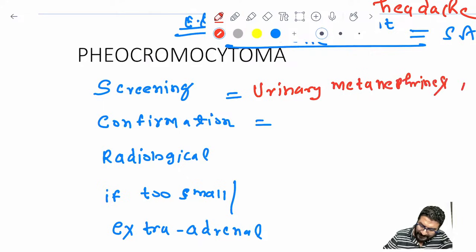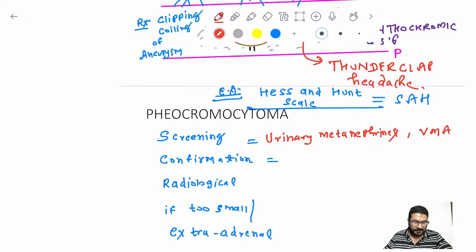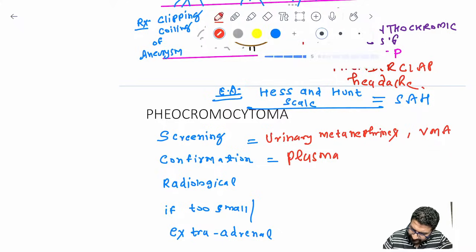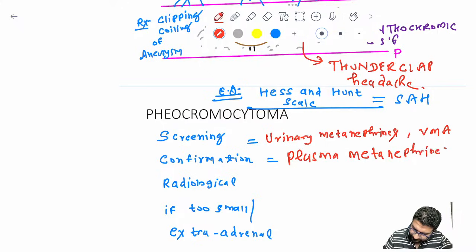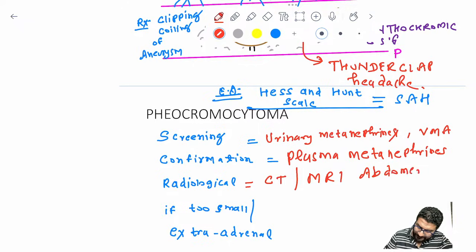We can also check VMA level, but remember VMA is more specific for neuroblastoma. For confirmation, we will do plasma metanephrines. Radiological investigation: we can do CT and MRI abdomen. If you have to choose one of the two, remember MRI is slightly better than CT.